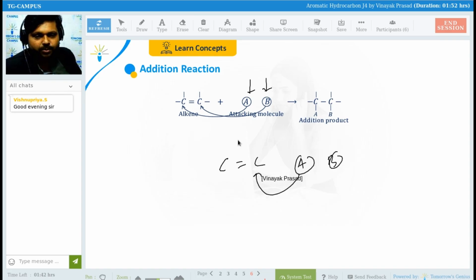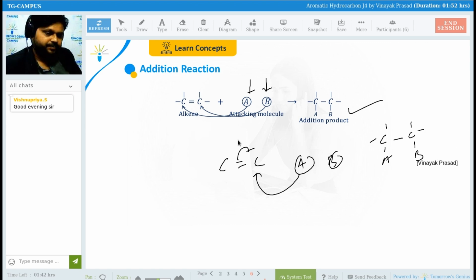If this bond breaks down, it will be a single bond there. So we'll be getting carbon A, carbon B. The attacking reagent will be attacking this carbon and this carbon. Getting my point? So this will be A, and with a single bond we will be having B. Clear? Is it okay? Any doubt to anyone?